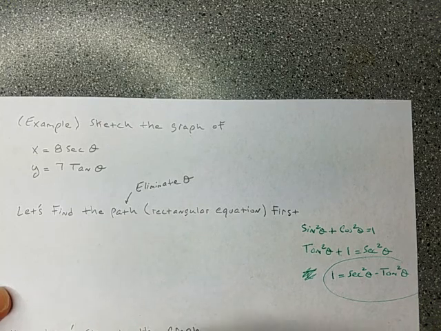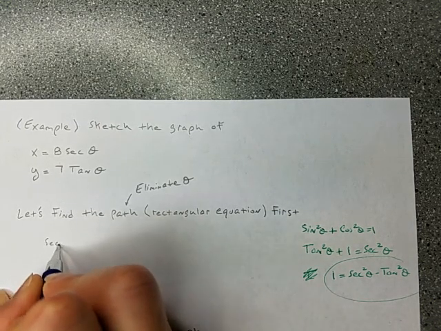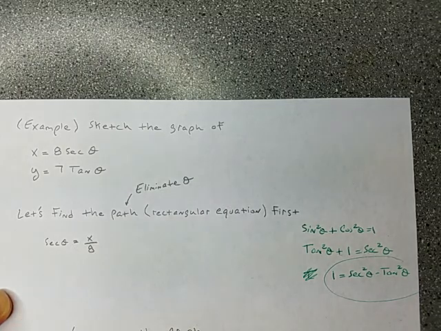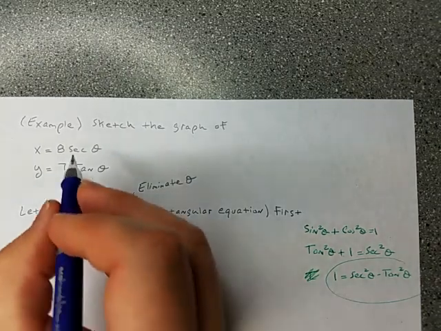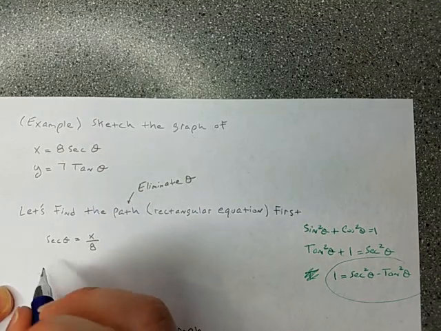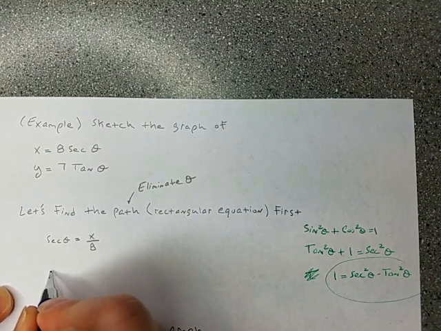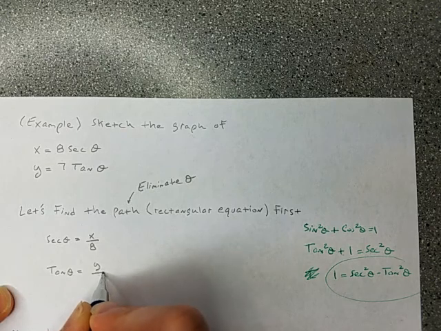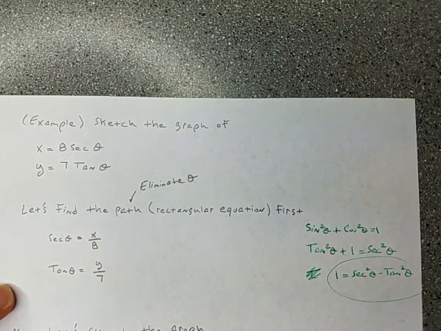So think of it like this. So say I say that secant theta is x over 8. All right, that's easy to get from the first one. And say I tell you that tangent theta is y over 7.